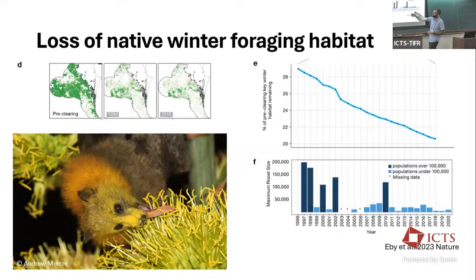In Australia, these pollen and nectar producing trees are mostly eucalyptus trees or gum trees, and a lot of that habitat has been cleared. This is what they think the resources looked like before Australia was colonized. By 1996, a lot of that area had been lost, and by 2018, even more of those resources have been depleted.